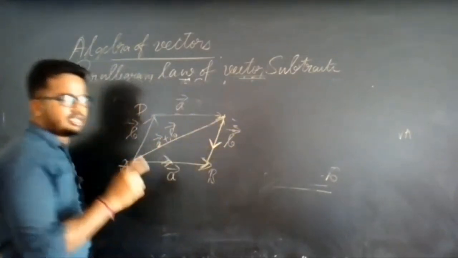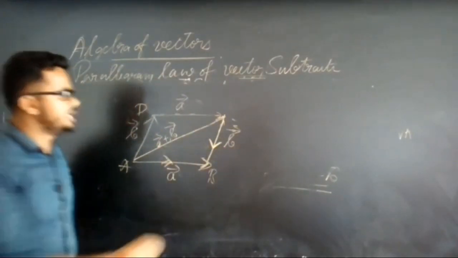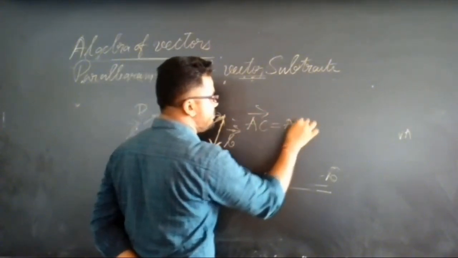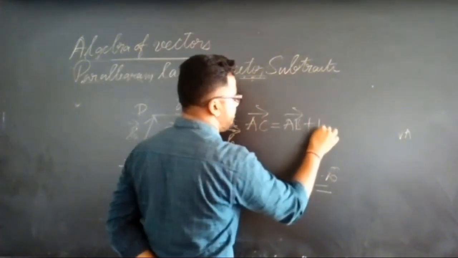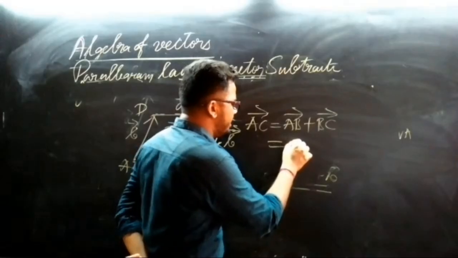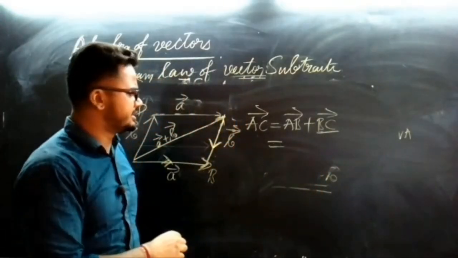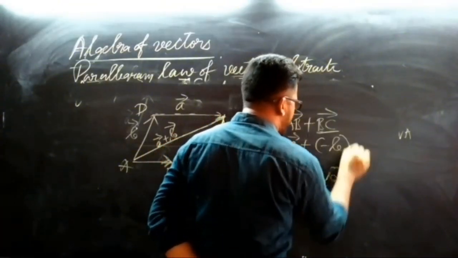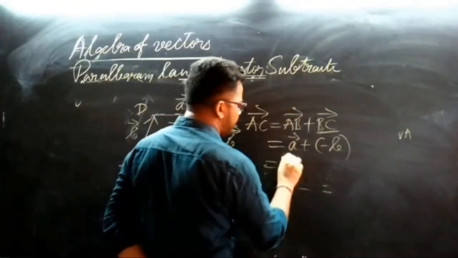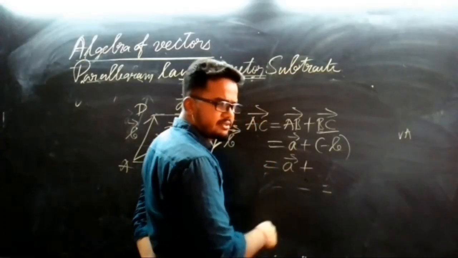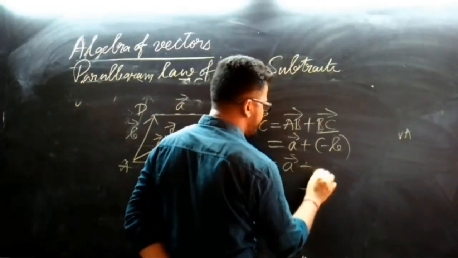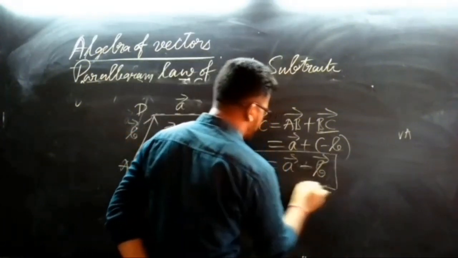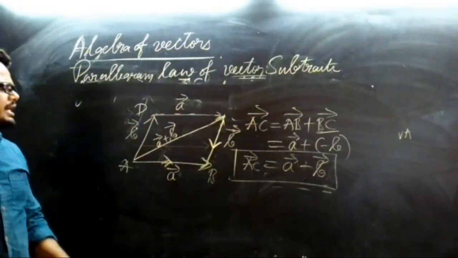That means B will be minus B. Now, according to that, nothing new, AC is equal to AB plus BC. Because here the BC is in negative direction, therefore A plus, but BC value is minus B. So vector A minus vector B. See, this is the parallelogram law of subtraction.